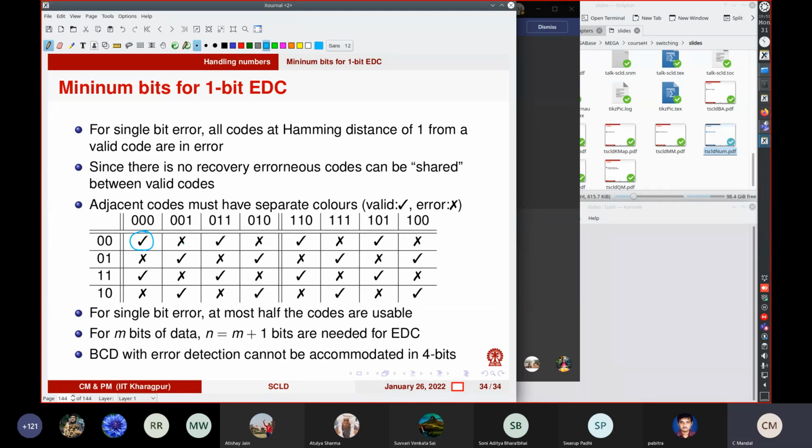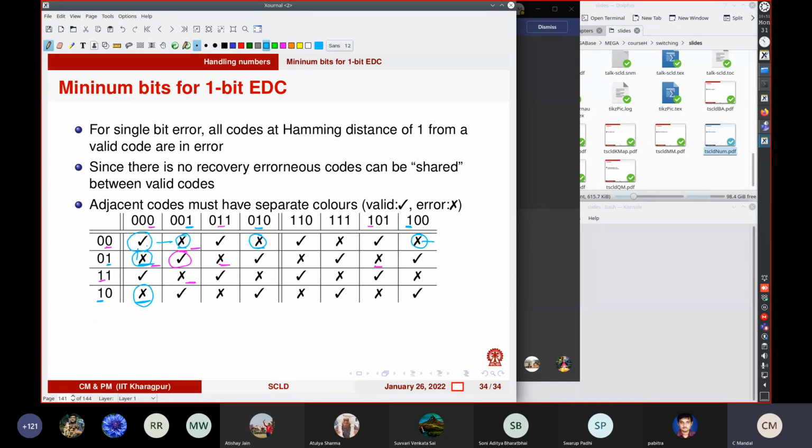So that's how we crossed out. Yeah, this code is good, so we crossed out all codes which are at a distance of 1. All these circled in blue are crossed out because those are at a distance of 1 from this. So these codes you cannot use.